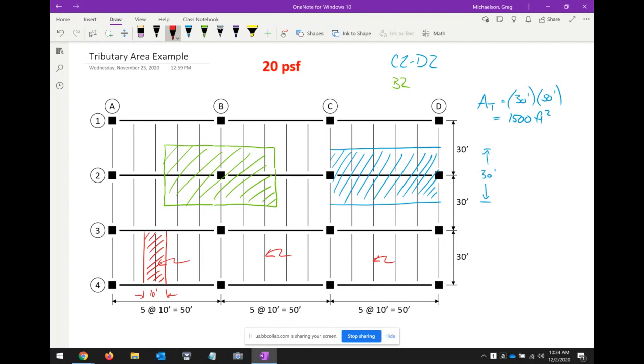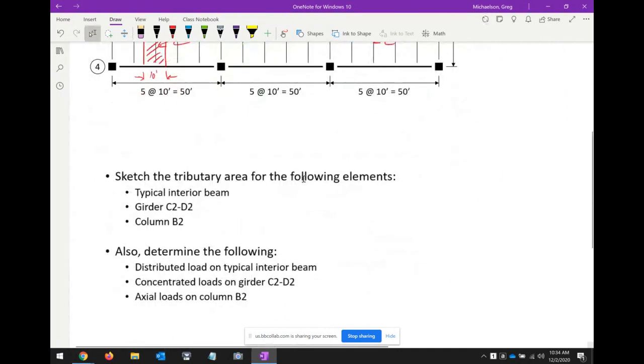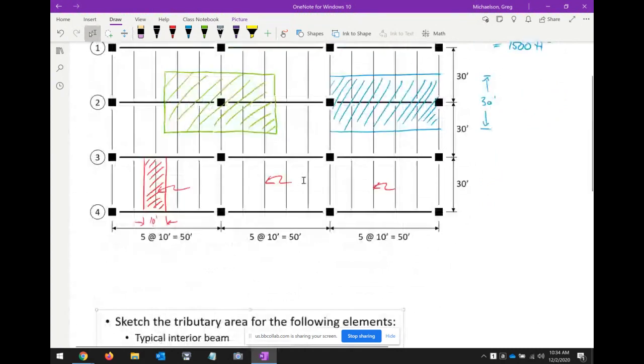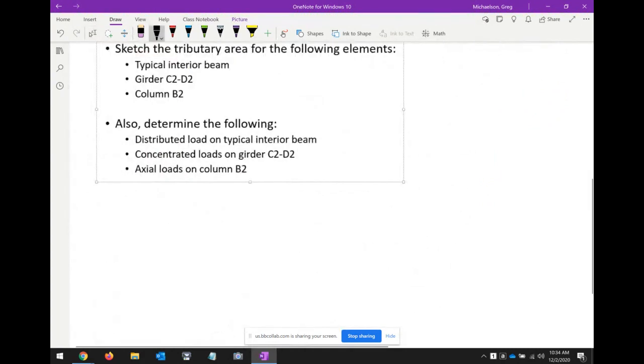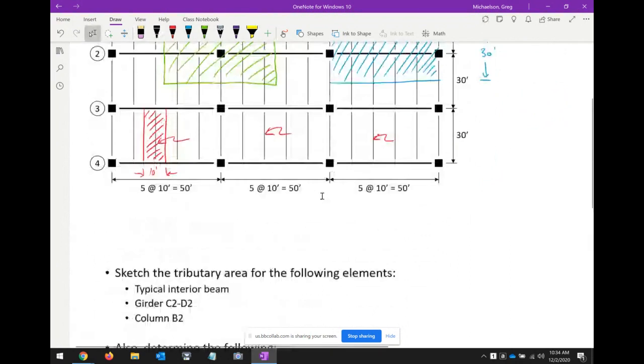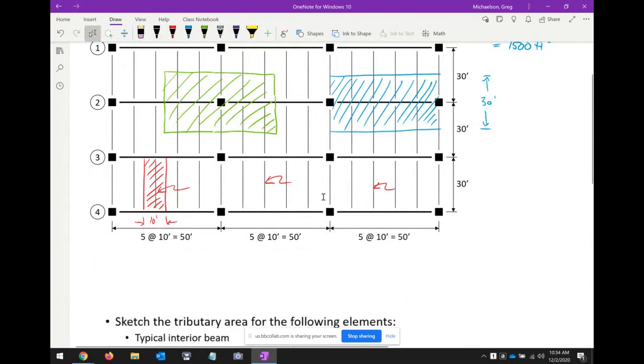Good deal. So let's look at one of these floor beams. Help me out with the floor beam. The tributary width is 10 feet. How long is the floor beam?